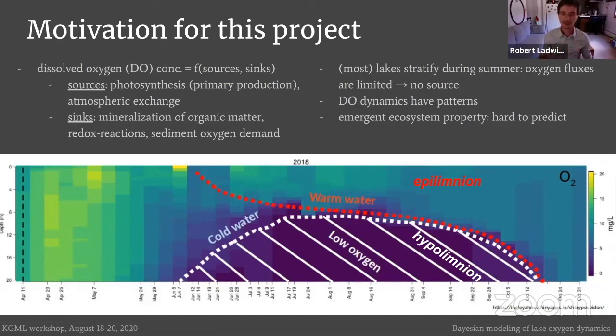And as you can see here in lakes, oxygen has dynamics, at least a seasonal one due to stratification. And also the depletion of oxygen is an emergent ecosystem property, which means it's really hard to predict because it depends on multiple factors like the catchment, the climate, or the biomass in the lake.